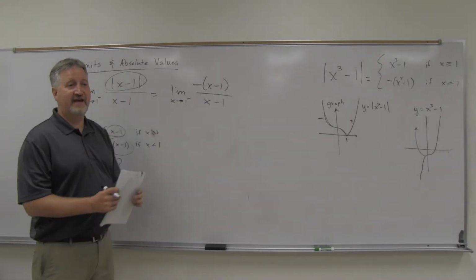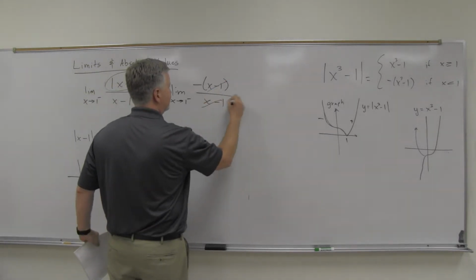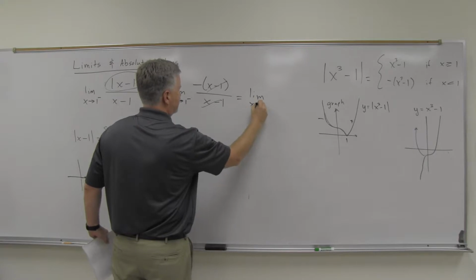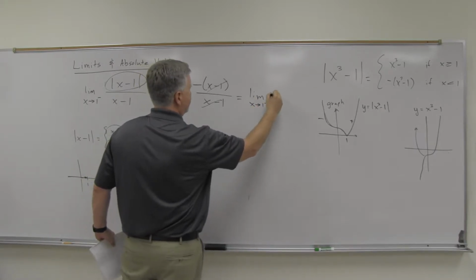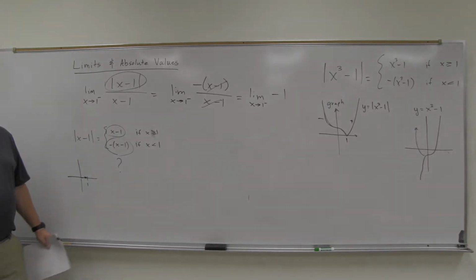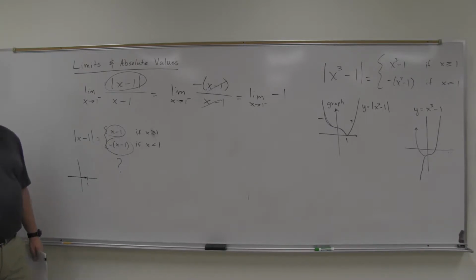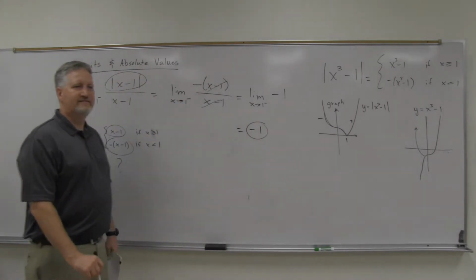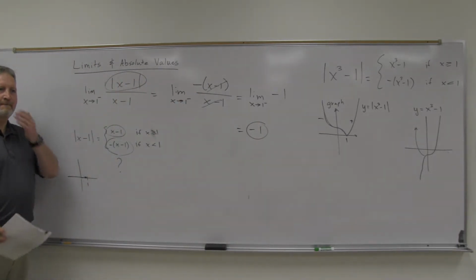The x minus 1's cancel here. And so all I'll wind up with is the limit as x approaches 1 from the left, but all I've got is negative 1 over positive 1, so it's essentially just negative 1. And so as x goes to 1, what does negative 1 go to? That'd be negative 1. Yeah? Okay?